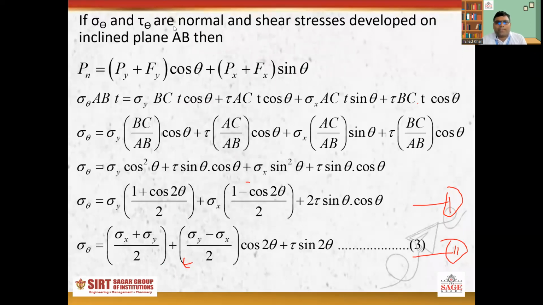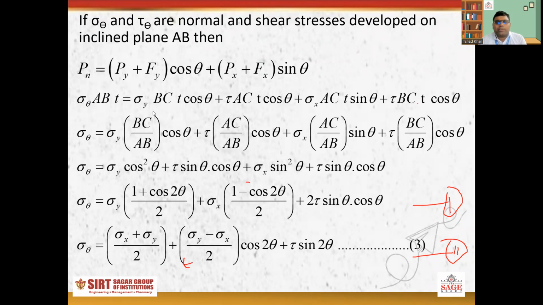So let's put the values of all forces in equation number 1. We have put all these values here, and t is common, so cancel it out and divide the right side term by the term AB. So this becomes BC upon AB, AC upon AB, AC upon AB, and BC upon AB.